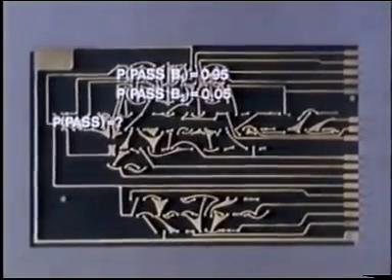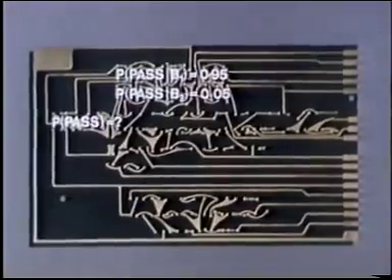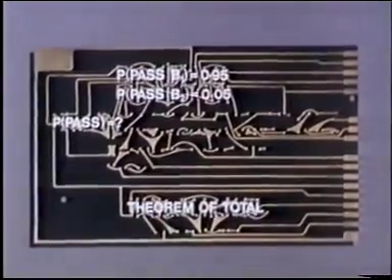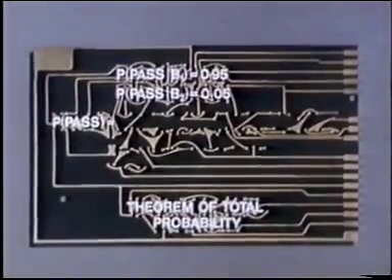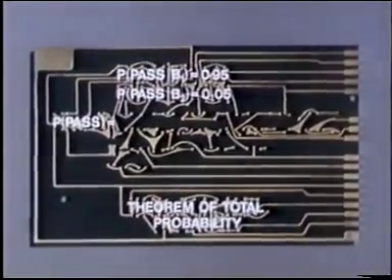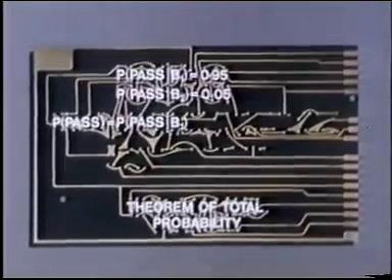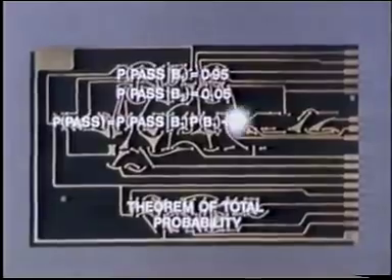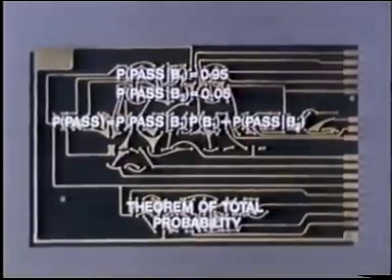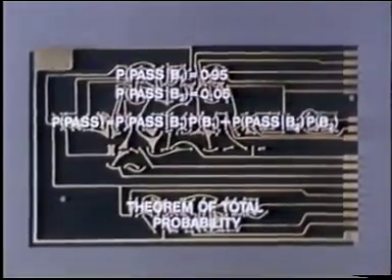So he can get the probability that it passes by using the theorem of total probability, which says that the probability that it passes is equal to the probability that it passes given B1 times the probability of B1 plus the probability that it passes given B2 times the probability of B2.